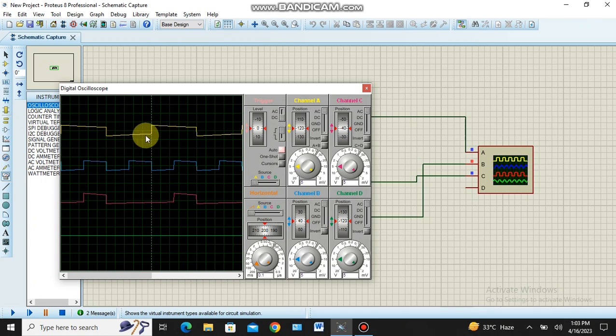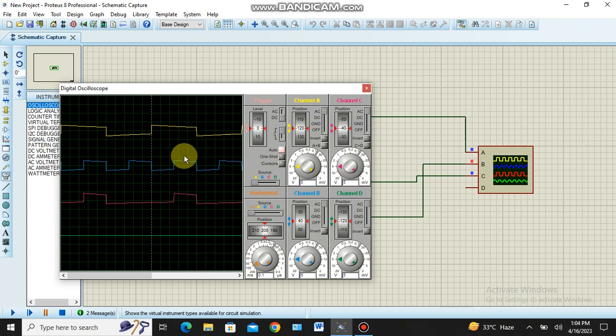Look here, up to this duration the first input is logic 0, so the output will be 0. In this duration, input 1 is logic 1, but input 2 is logic 0 up to here. If any one of the inputs is logic 0, the output will be 0, so in this duration it is logic 0.